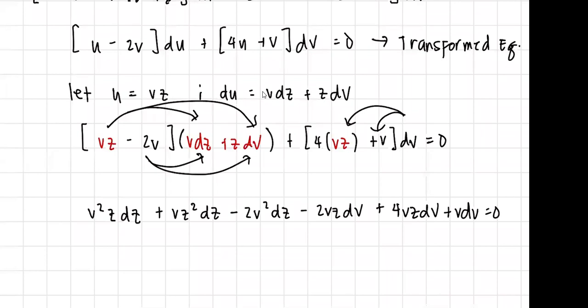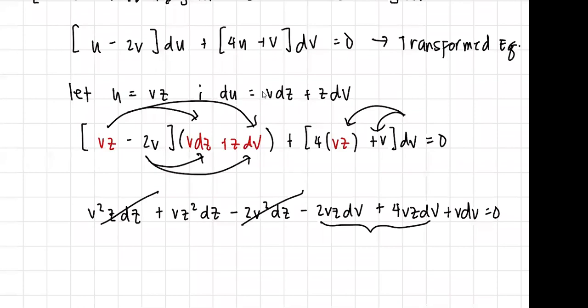Then identify natin yung pwedeng mag-cancel out. So yung first term natin and yung third term is the same, so pwedeng mag-cancel out to. Next is itong dalawang term natin, pwede siyang mag-minus. Tama ba? So magiging 2vz dv na lang siya.